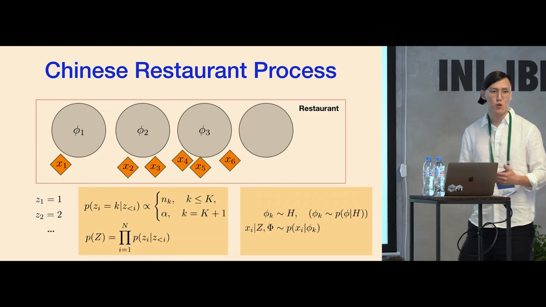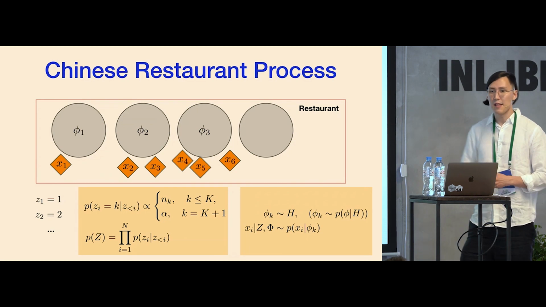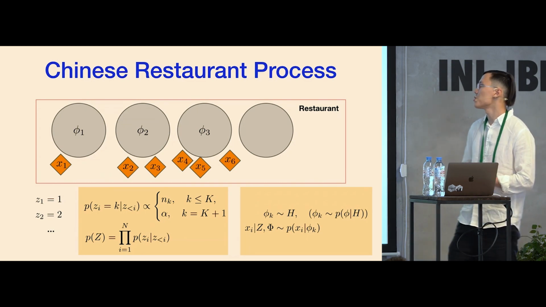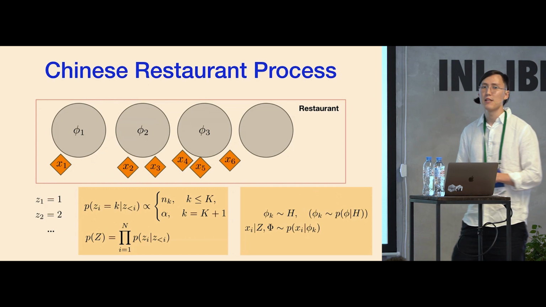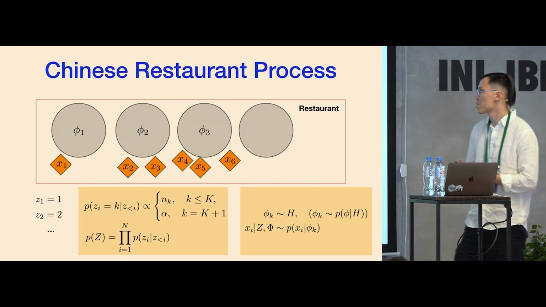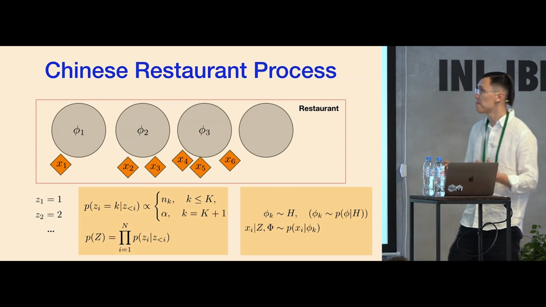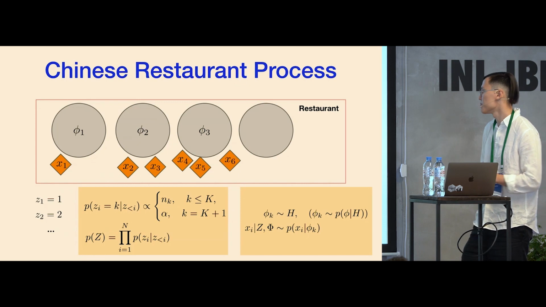Richer gets richer. The more people sit at the table, the more likely the next customer sits at this table too. And this is a good property if we believe that the more often a word meaning is used, the more often it will be used again. So for some applications, it is a reasonable prior.